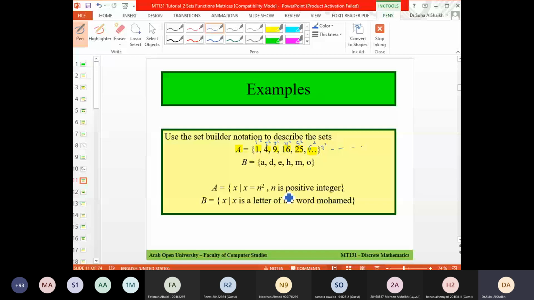So we can say إن A is X بحيث or such that X is n square and n is a positive integer. Notice إن قاعد أتكلم عن ال1 وعن ال2 وعن ال3 وعن ال4 وعن ال5 وعن ال6. So I'm talking about positive integers here.